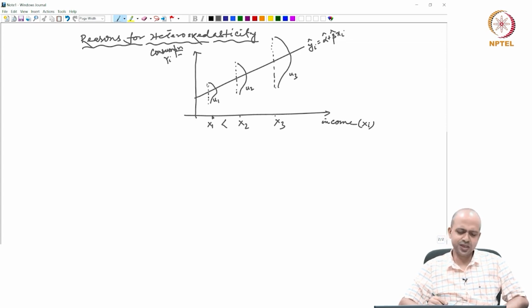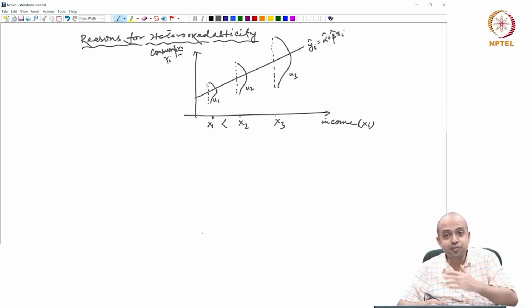For example, let us say this x1 is the income of a day laborer whose income is some 300 or 400 rupees per day. What will that day laborer do with it? The day laborer will probably buy some 1 kg of rice, half a liter of oil, 200 grams of dal, and so on. So with 400 rupees you can easily predict how the individual is going to spend.